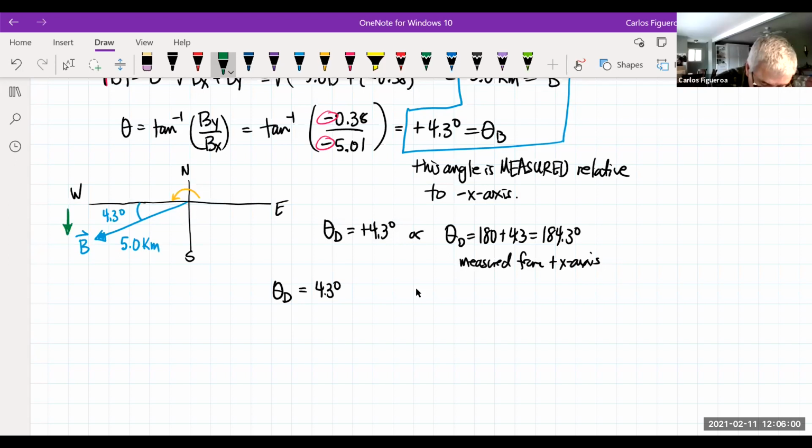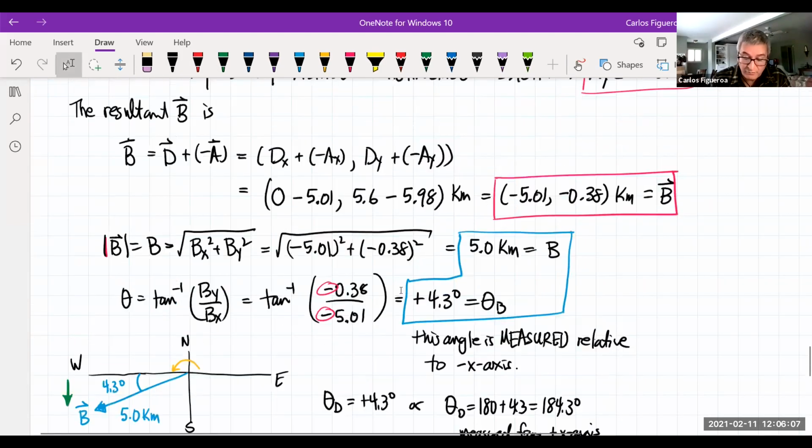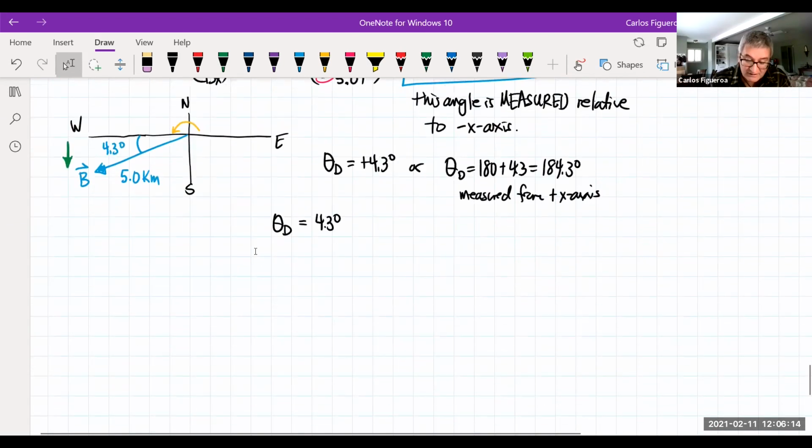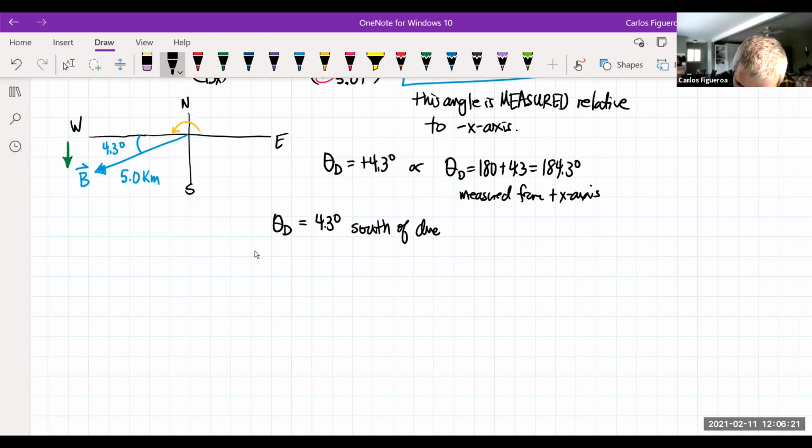In the south. Look at the language that we used before up here: north of due east. In this case, we could say this is south of due west, or write the shorthand, south of west. And that's a totally legit thing.